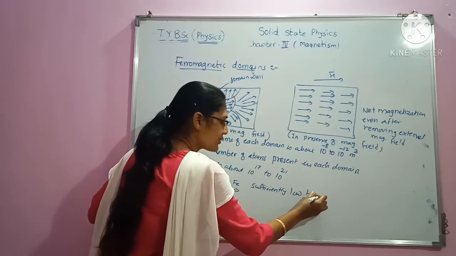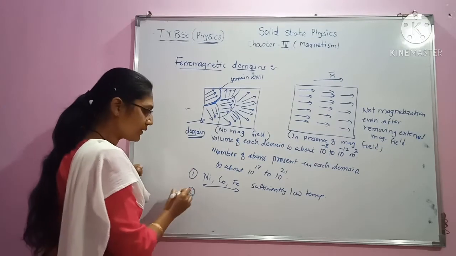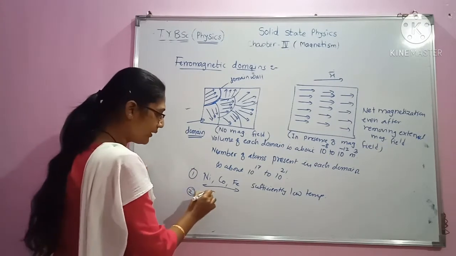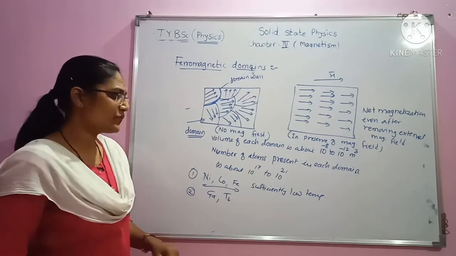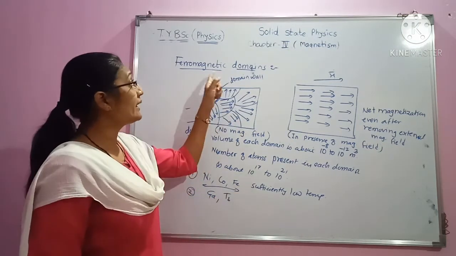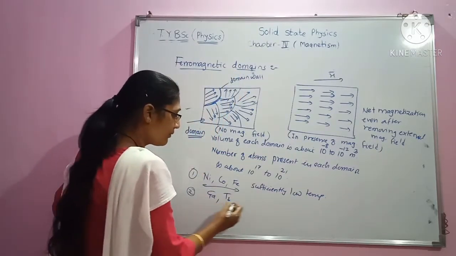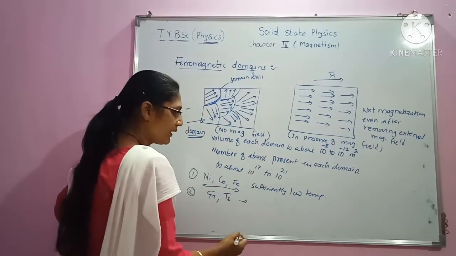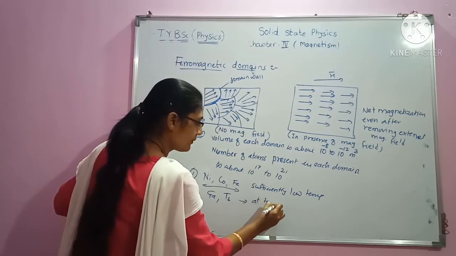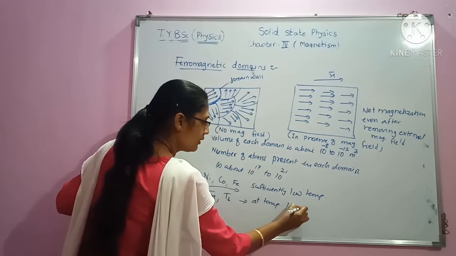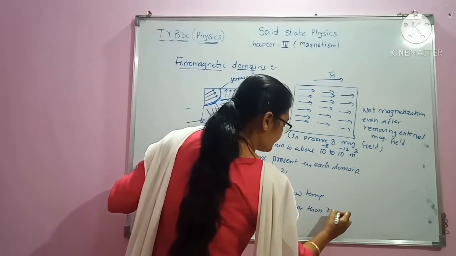low temperature. Then there are the group of rare earth materials like gadolinium, terbium, and these materials will have the ferromagnetic nature or such type of domains, ferromagnetic nature at a temperature lower than room temperature.